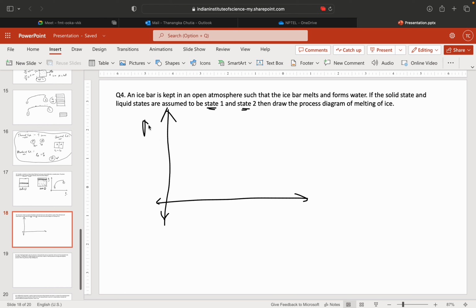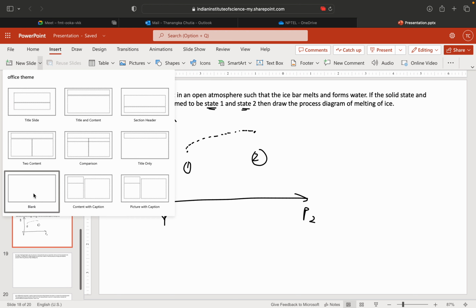Now, I will not draw any pressure or temperature. Since this is an irreversible process, you draw state 1, you draw state 2. In between you don't know how many points are there, so you give a dotted line. What I was trying to say is that irreversible processes are always expressed by dotted lines, and reversible processes are always expressed by solid lines, because you know each and every point of the processes.